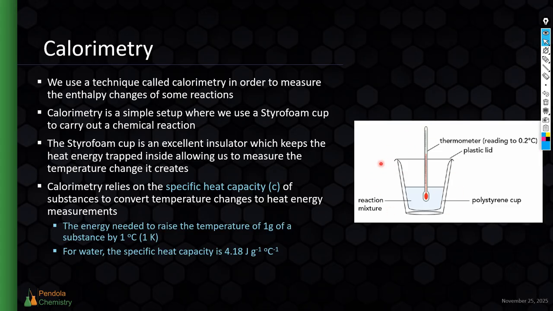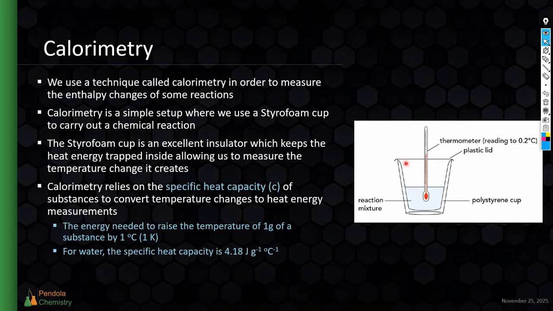So obviously a perfectly insulated system is not realistic, it's not going to exist, but we do our best in isolating the system as much as possible. In calorimetry, we're going to isolate the chemical solution so that the heat has nowhere to escape but to the solvent.